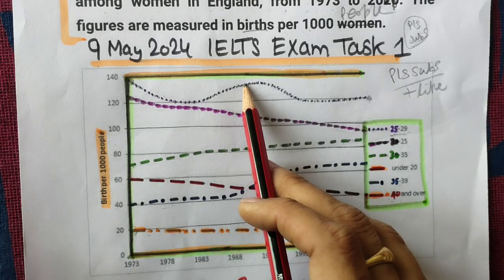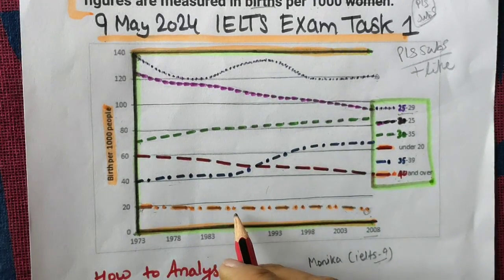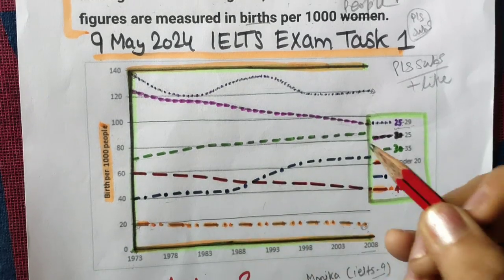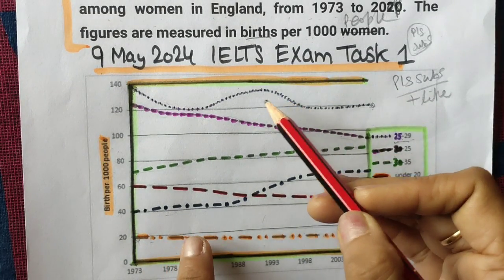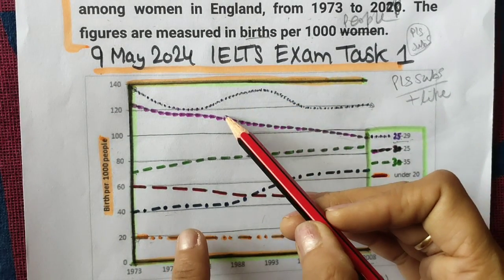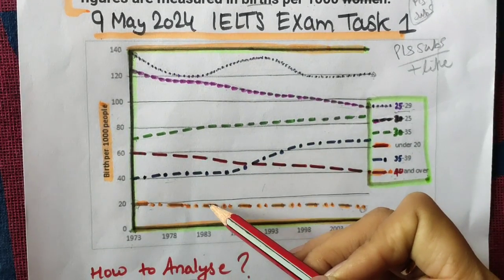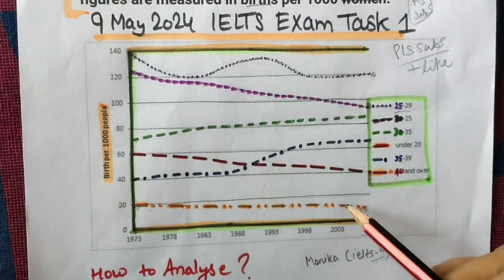This is the important line graph, and the lowest. So you can contrast between highest and lowest, or you can combine. First you write about this line and then compare with the second line, and you can compare with the third, this last line also, meaning the lowest.